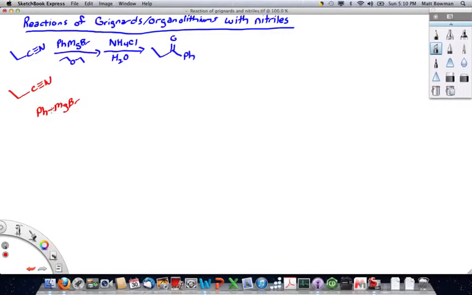The electrons from the carbon-magnesium bond add to the nitrile carbon, and electrons go up onto the nitrogen. Here we have a case of a negative nitrogen being formed.